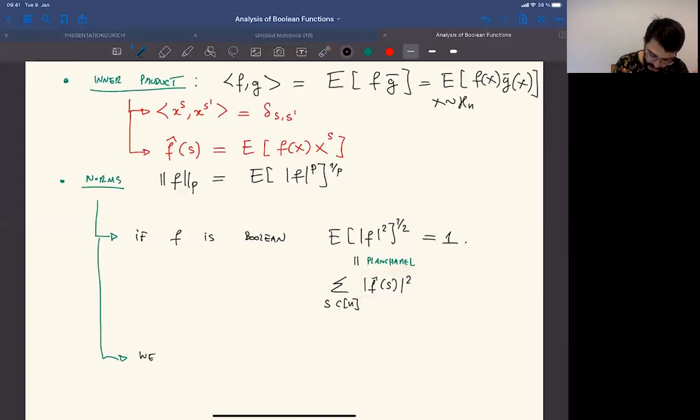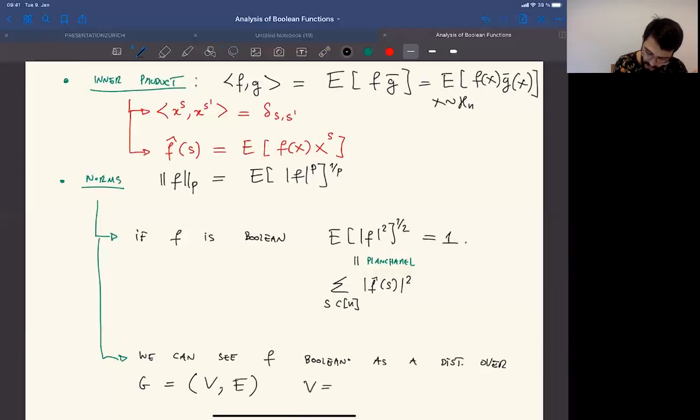We can see f Boolean as a distribution over the graph G, which has vertices and edges.